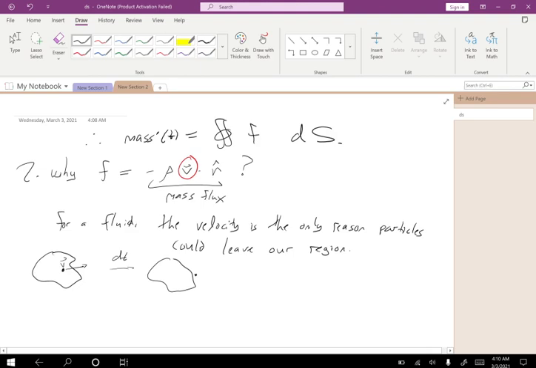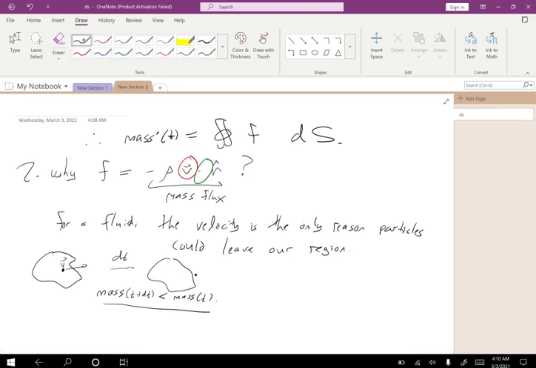So our mass has actually decreased. And this corresponds to that velocity.